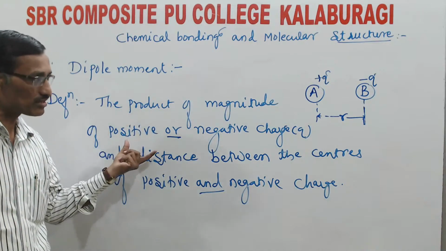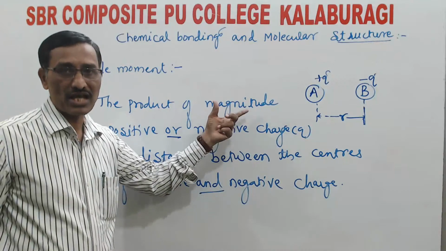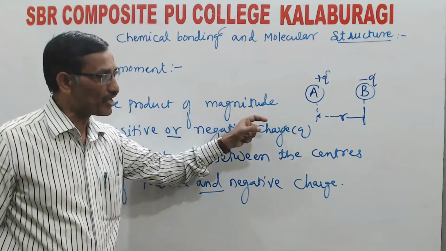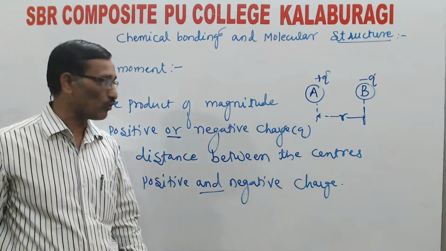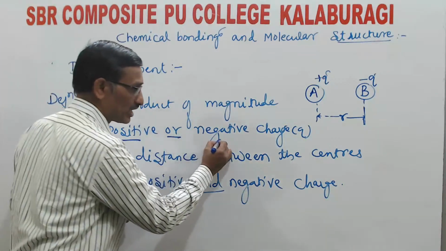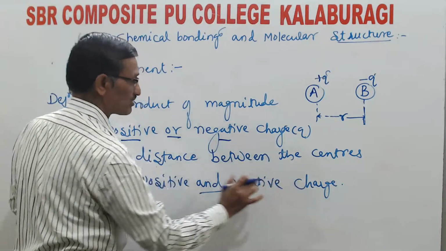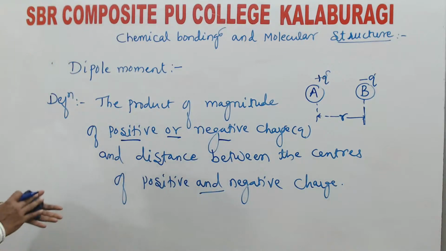In a simple sentence, the product of the magnitude of charge and the distance of charge separation is also known as dipole moment.